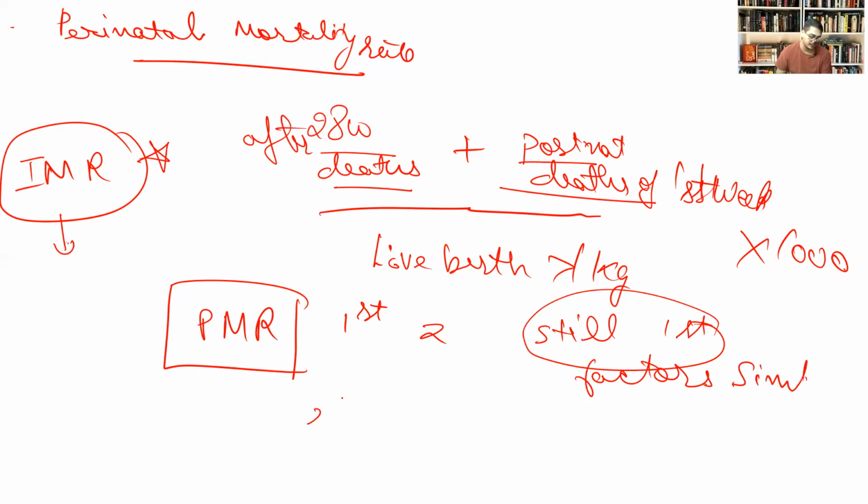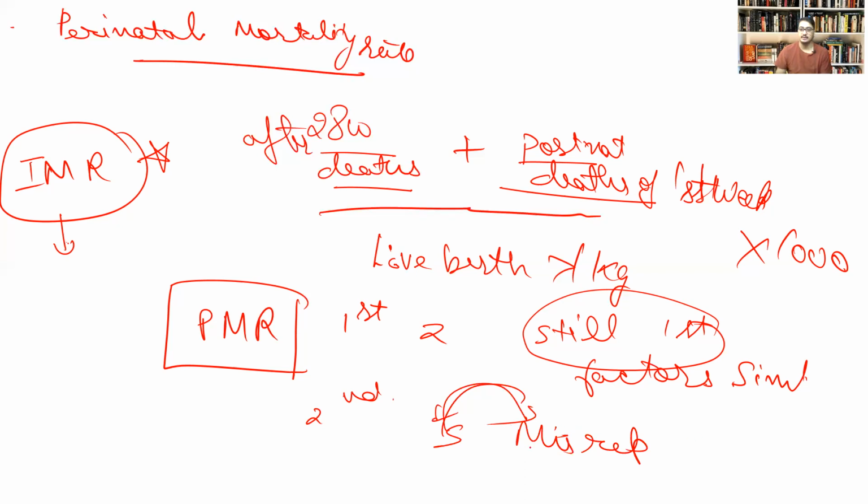So first is this reason, and second is that at times stillbirth or early neonatal birth are mischaracterized, so misrepresented. Sometimes stillbirth is counted as early neonatal death and early neonatal death as stillbirth, because it is very difficult to identify when the fetus has died, maybe after delivery or during the process of delivery itself.